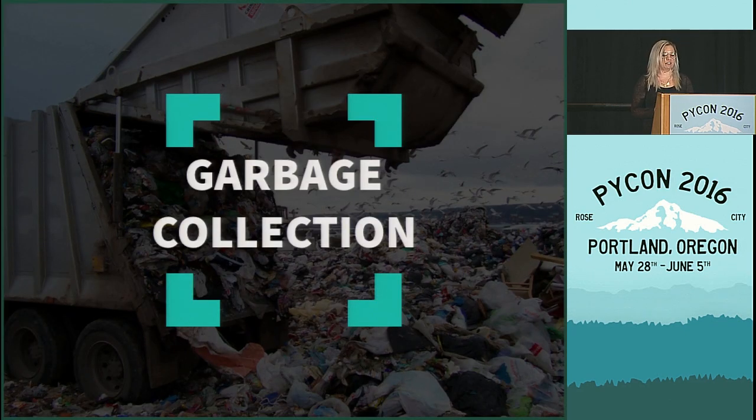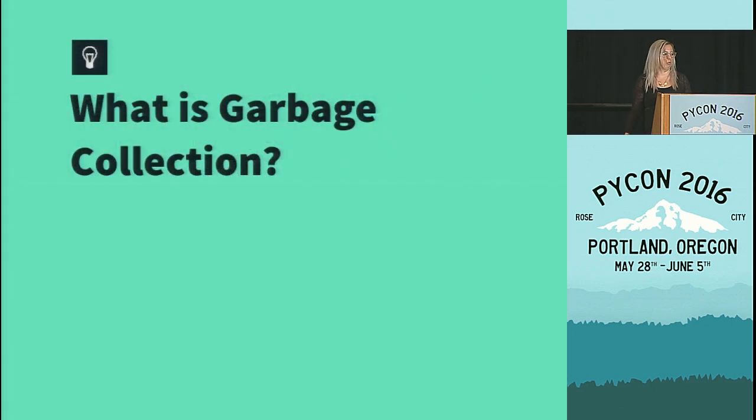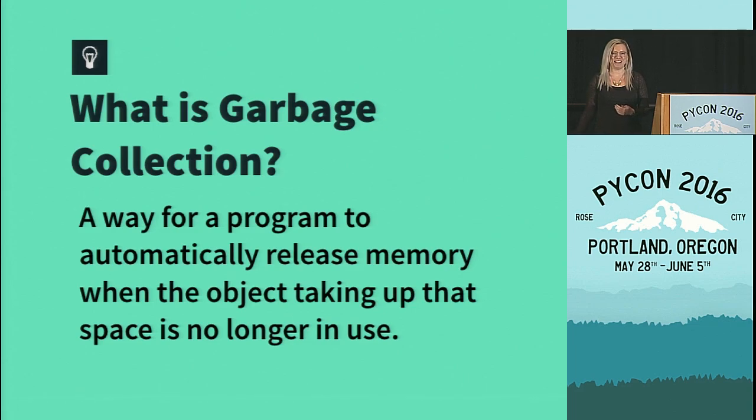So now we can talk about garbage collection. What is garbage collection? You can think of it as a way for your program to automatically release memory when the object that's taking up that memory is no longer in use. Back in the day, programmers had to allocate and deallocate their memory manually, and spoiler alert, it really kind of sucked. If you forgot to free your memory, it can cause memory leaks.